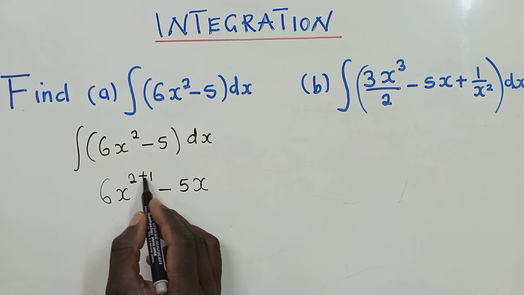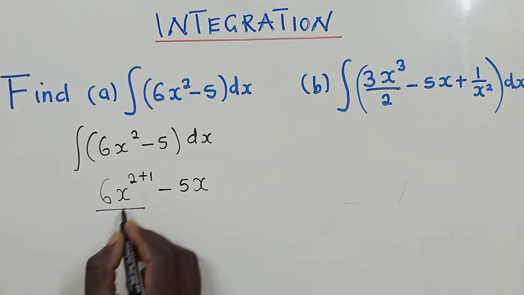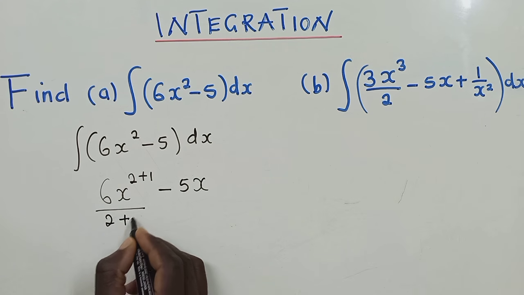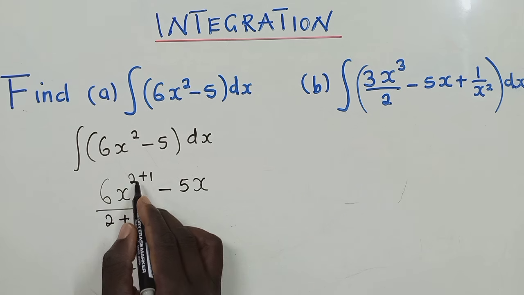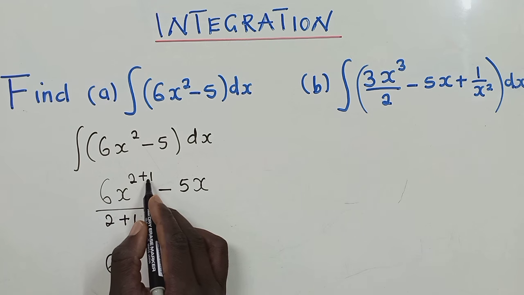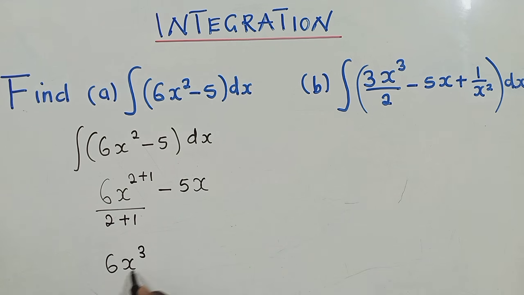So now, here, what happens here? There is 2 plus 1. So just get that thing, the way it looks, put it down like this. Okay. Are we done? Not yet. We need to simplify. So here we have 6, we have x. When we say 2 plus 1, what are we getting? It's 3. Here it's also 3.